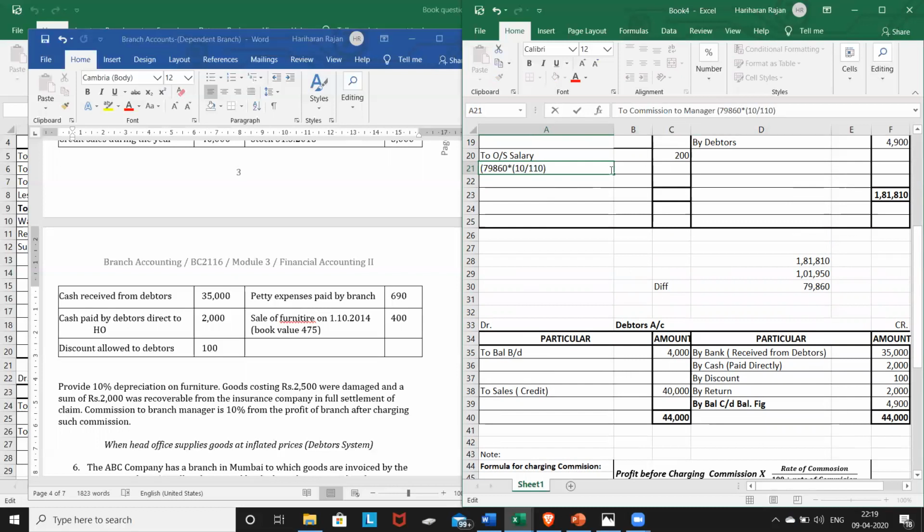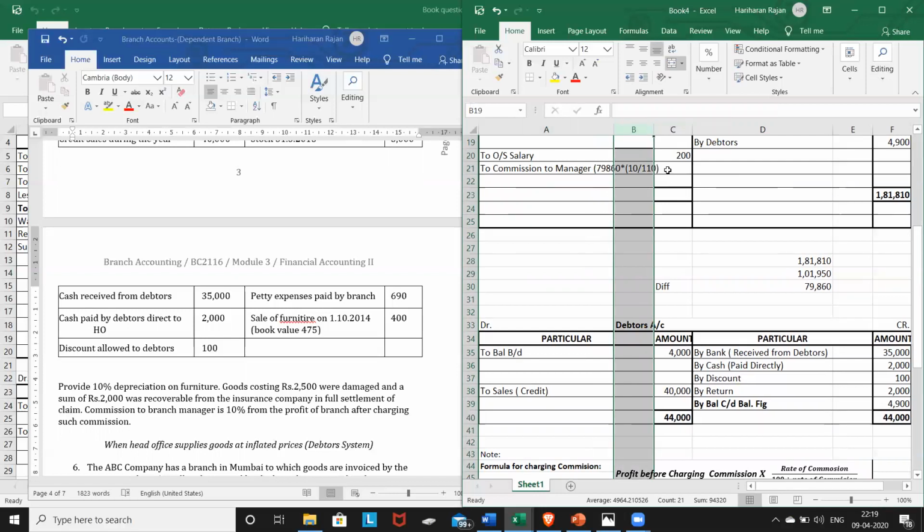So that's the formula. So what will be the amount? 79,860 into 10 divided by 110. You get 7,260.